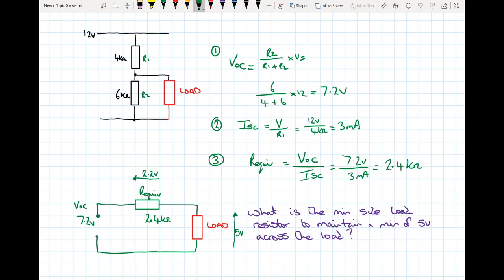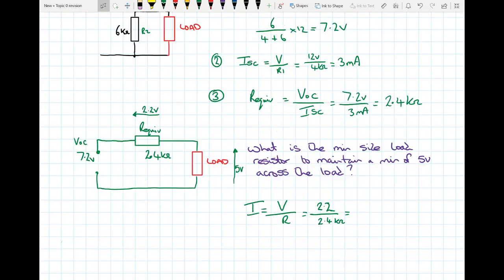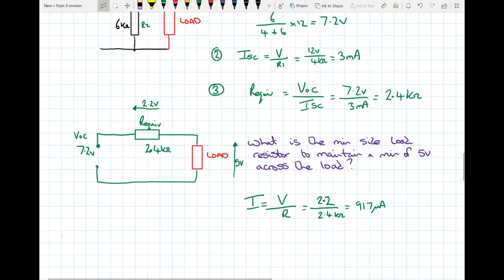We now know a voltage across a known resistance, so we can work out what the current flowing in that circuit is going to be. So 2.2 volts divided by 2.4K. Rounding up, we've got 917 microamps.